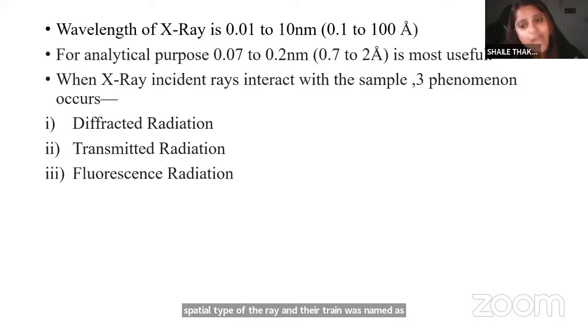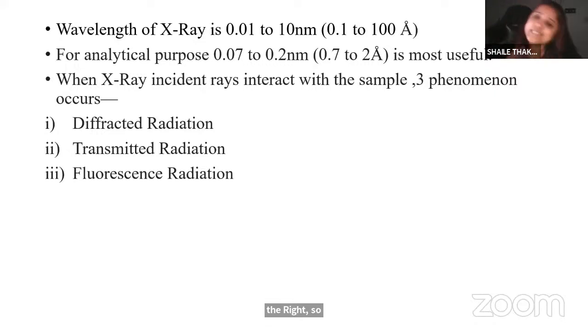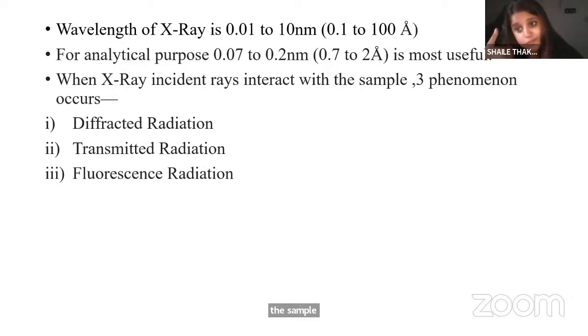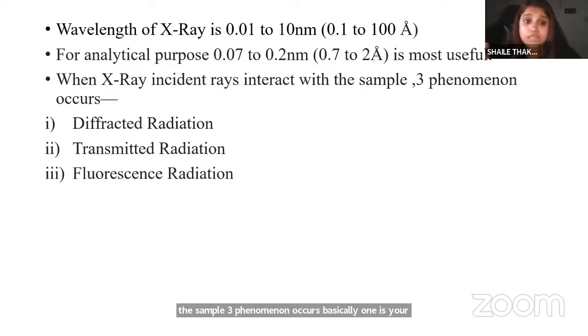Whenever X-rays interact with the sample, three phenomena occur basically. One is diffraction, another is transmitted radiation, and the third is fluorescence radiation. We will definitely discuss them one by one.